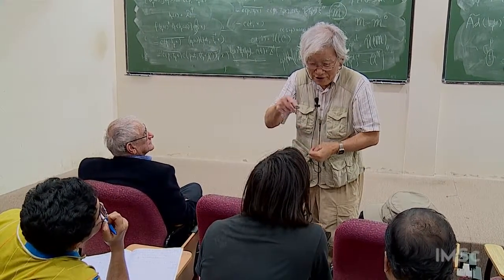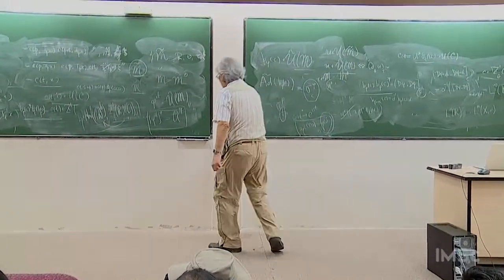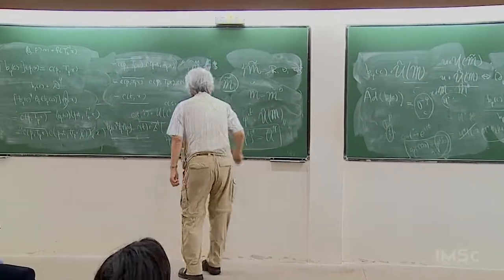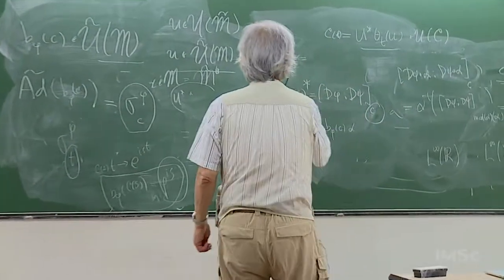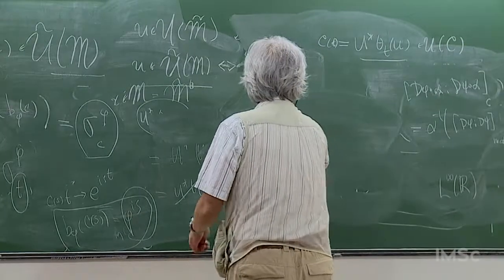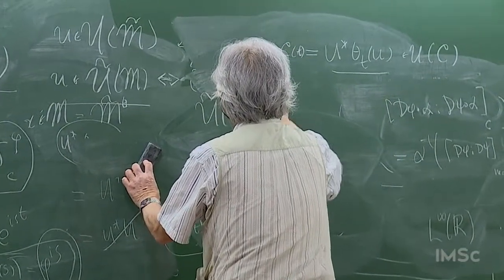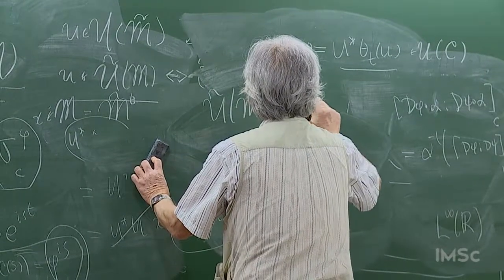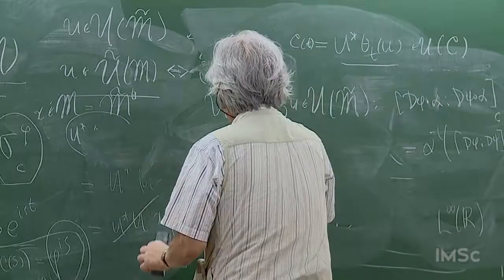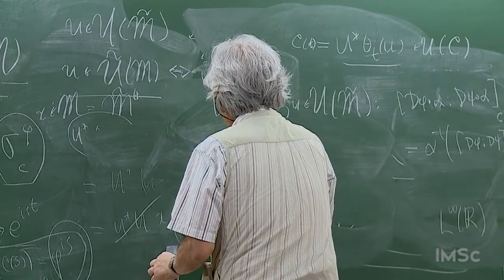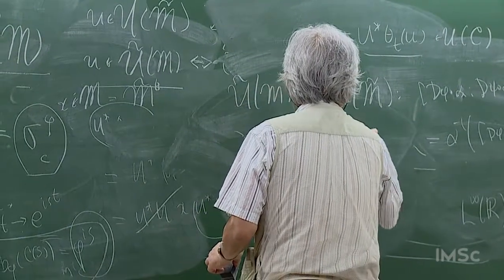Remember, U tilde of M is another way of writing those unitaries in U of M tilde such that the co-boundary theta of U is in the center.